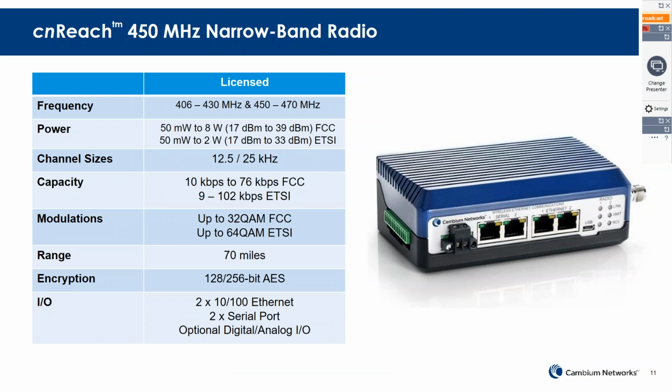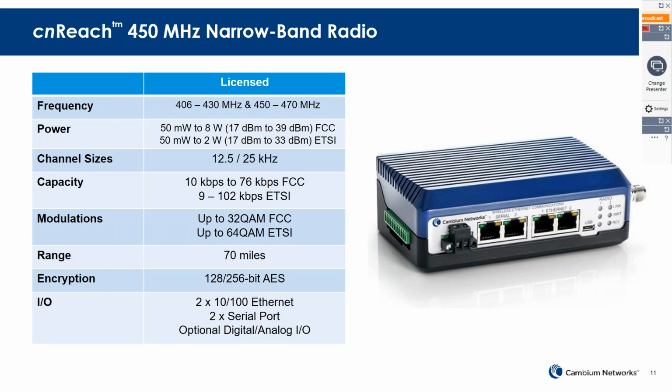This one shows the 450 megahertz narrowband radio. We operate in the frequency range of 406 to 430 megahertz, 450 to 470 megahertz. In terms of power output, we operate up to 8 watts for FCC and 2 watts for ETSI.